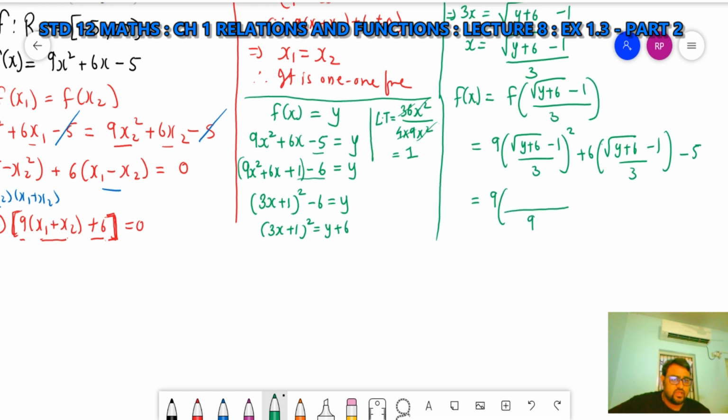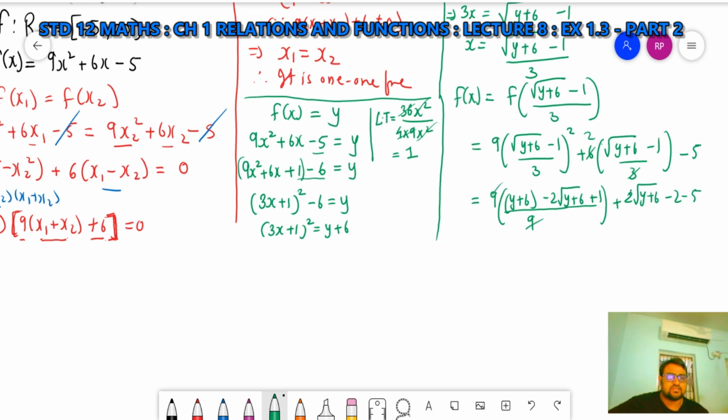Clear? So (a − b)², a² that is y + 6, minus 2ab, 2 root(y + 6), plus 1. Okay, plus 6 into... so 3 ones are 3, twos are... So 2 root(y + 6) minus 2 minus 5.